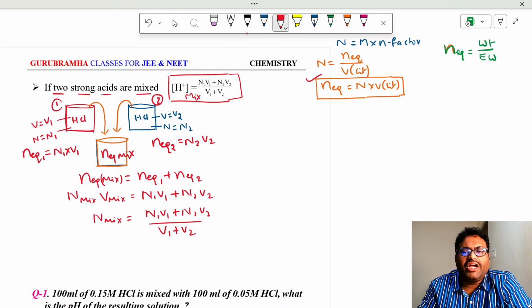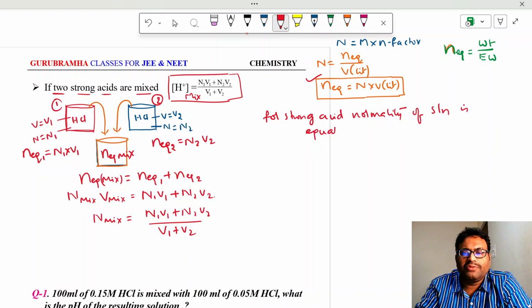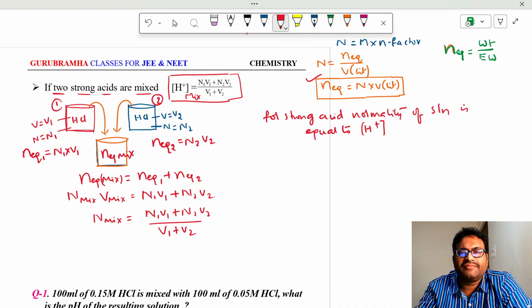And already we have studied that for a strong acidic solution, normality is equal to the H plus ion concentration.